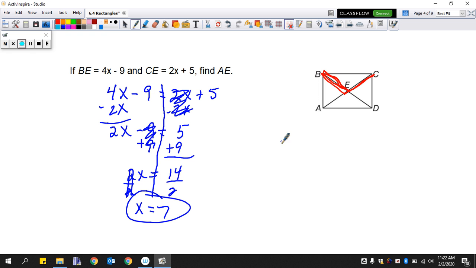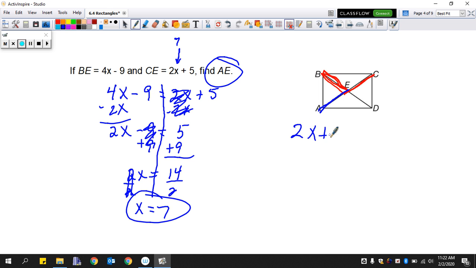It wants us to find AE. AE is this right here. We know that AE is the same length as EC or CE. So we're just going to plug it into here. So this would be the 7 plugging into that. We could also plug it into the 4x minus 9, but because they're both congruent, I'm going to plug it into the 2x plus 5.